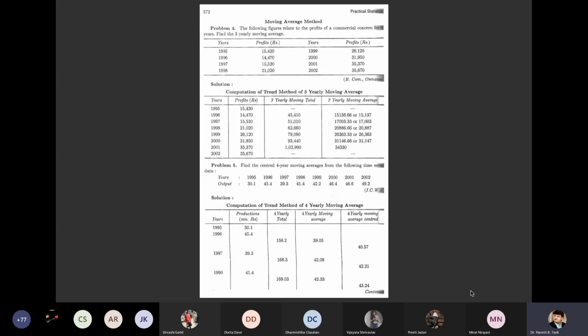And you have to proceed with the same logic and get all the sums of profit, making a bunch of three.